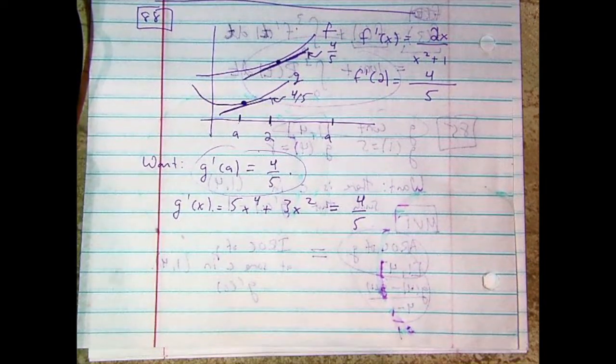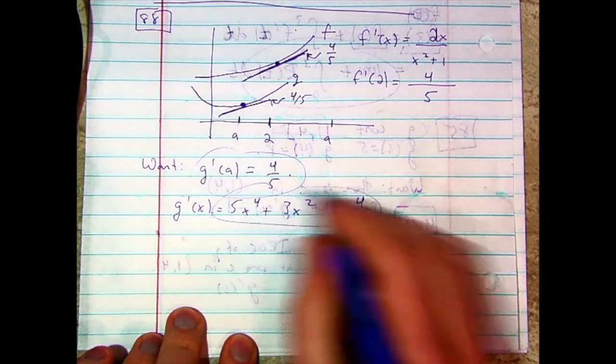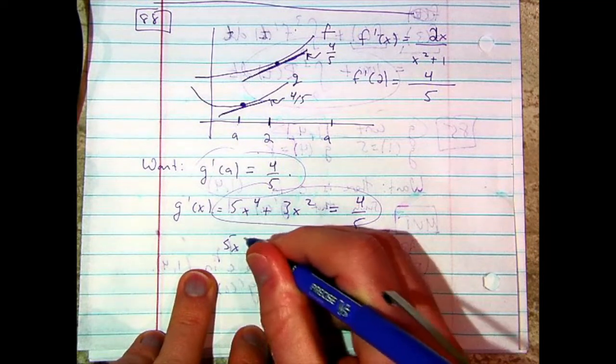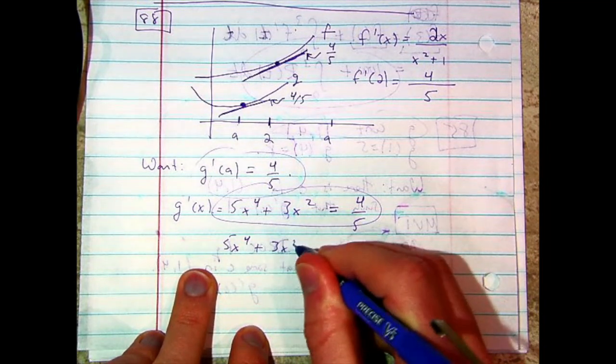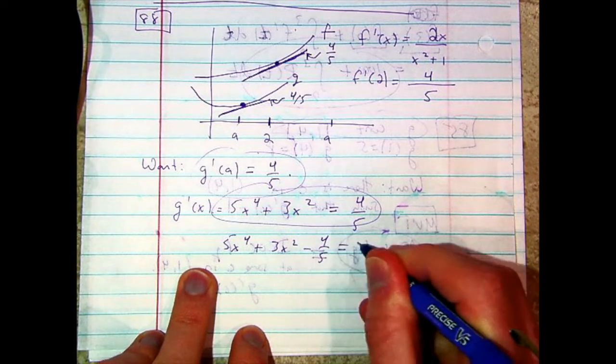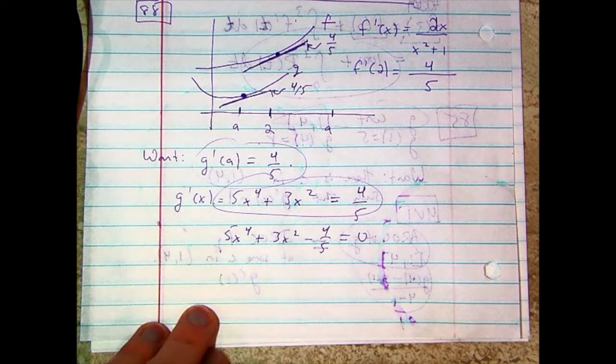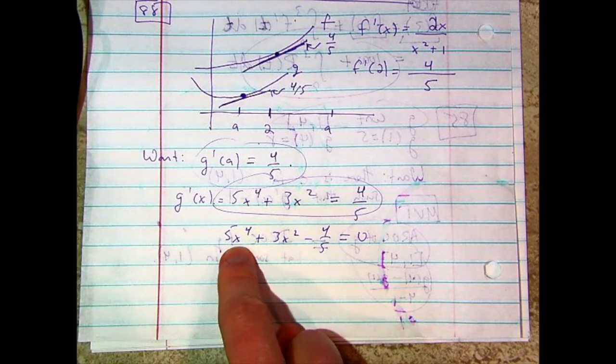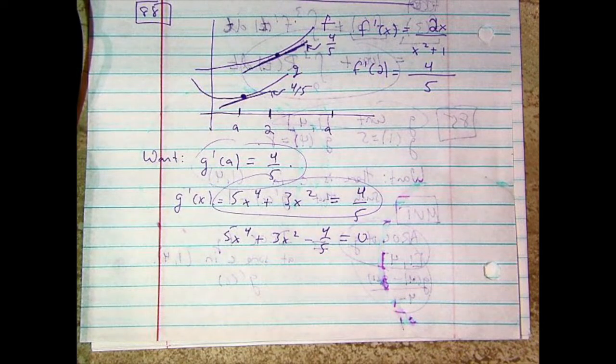This equation is not something that you could reasonably solve algebraically, probably, but the good news is that we can use our calculator to solve it. There are a number of ways of doing it. Solving this equation is the same thing as solving 5x to the 4th plus 3x squared minus 4/5 equals 0. So I'm going to punch this expression into my calculator and then find the x-intercept, and that will give me the value of A that we're looking for.